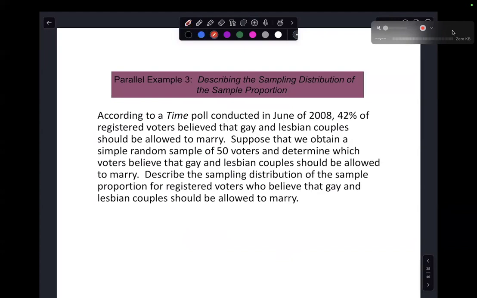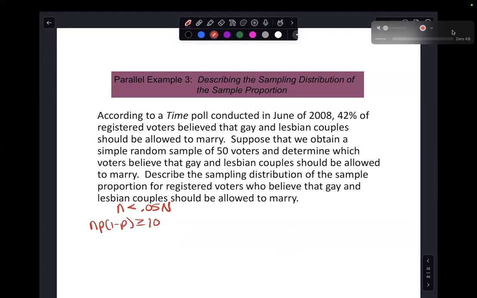So first, my sample size of 50 is definitely less than 5% of the population of the US. Good. Now, I need to know, is np times 1 minus p greater than or equal to 10?